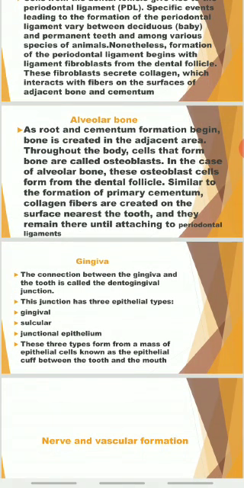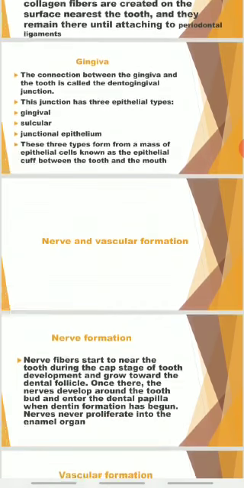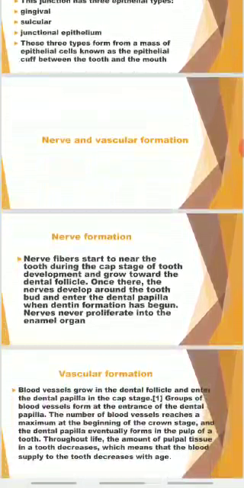After the formation of hard tissues, we come to the formation of nerves and vasculature, also known as vascular. So here we first discuss nerve formation.